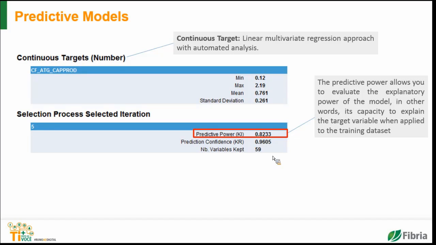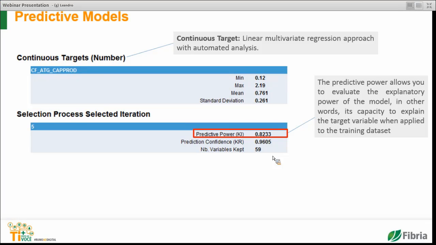If your model doesn't have a very good number for this key figure, you can try to run again and take off some variables or have more data, because maybe the amount of data that you have is not good enough to create a model.